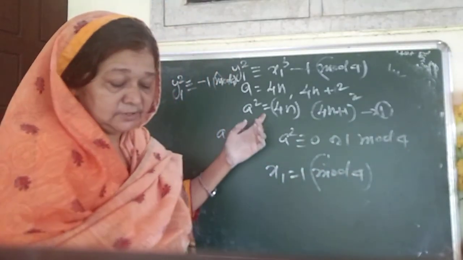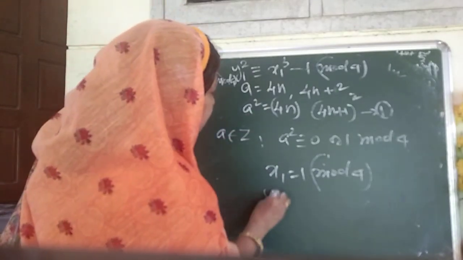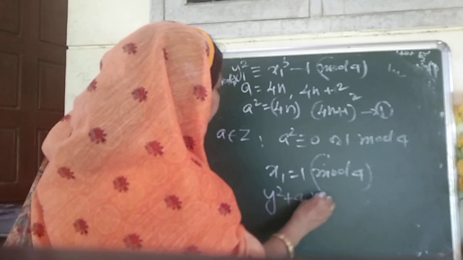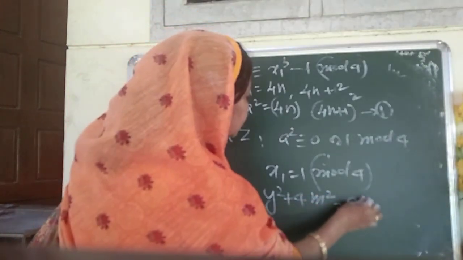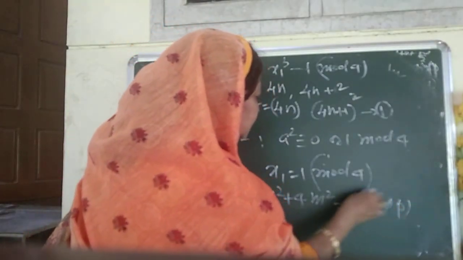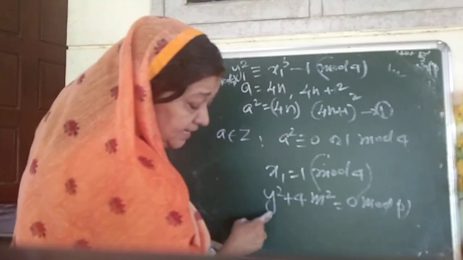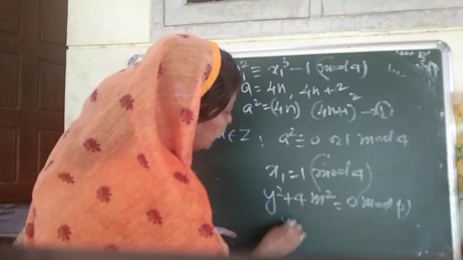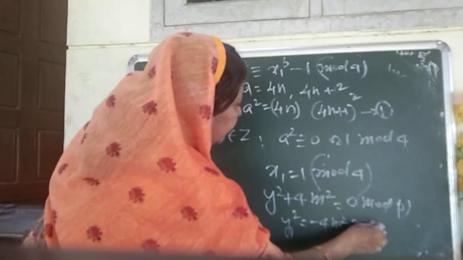Applying this, we get an equation y square plus 4m square equal to 0 mod p. On simplification, there is a correction: we get y1 square congruent to minus 4m square mod p.